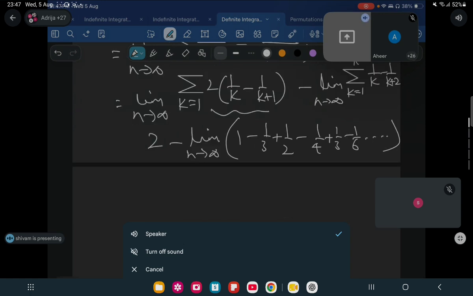Over here you will see there is a pattern. 1 by 3 will get cancelled, then 1 by 4 will get cancelled, and it will keep on getting cancelled. We'll get 2 minus 1 minus half, which is equal to half.